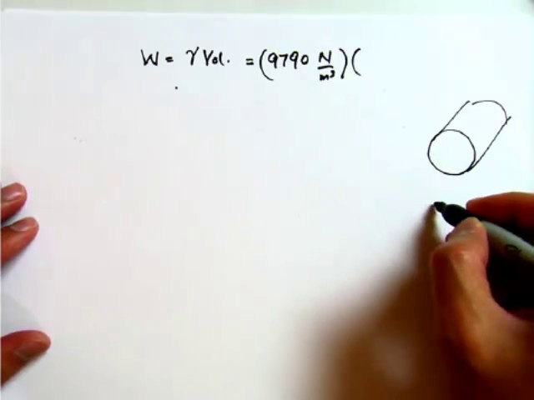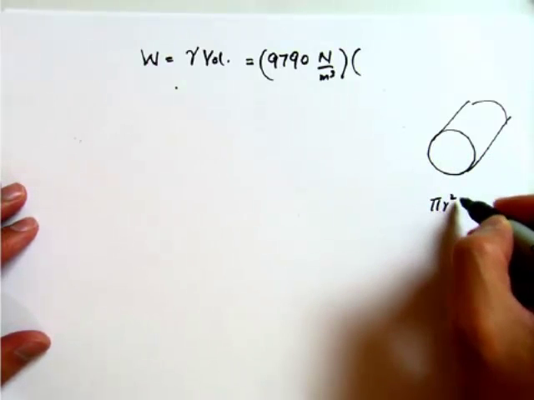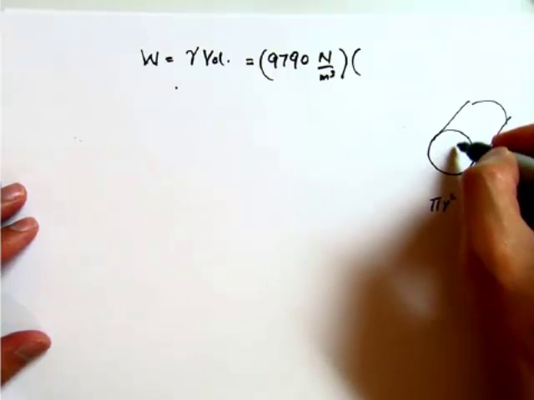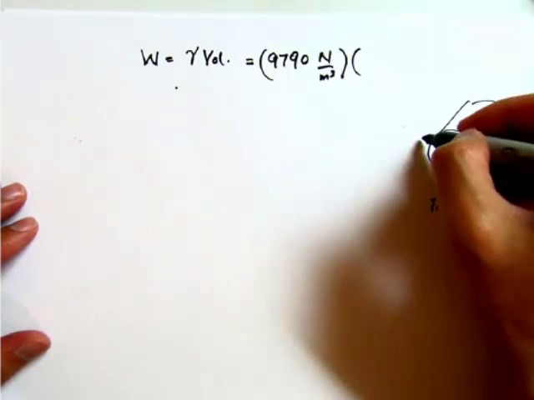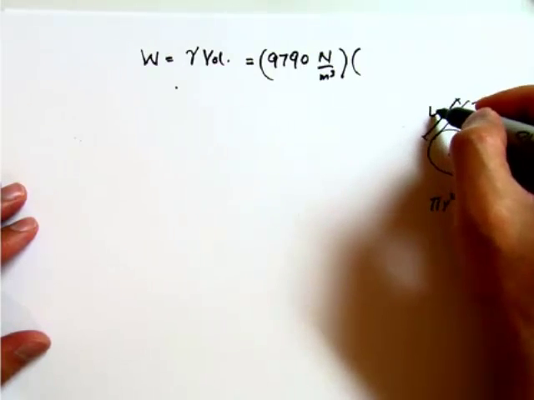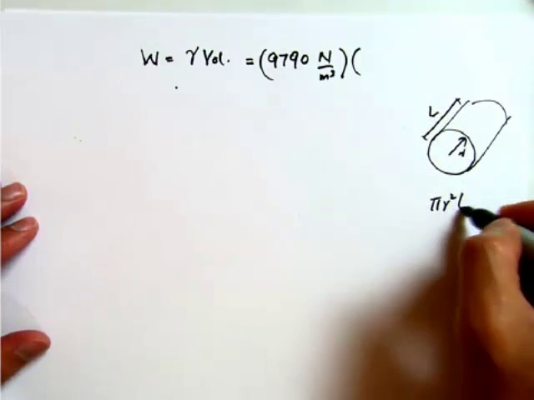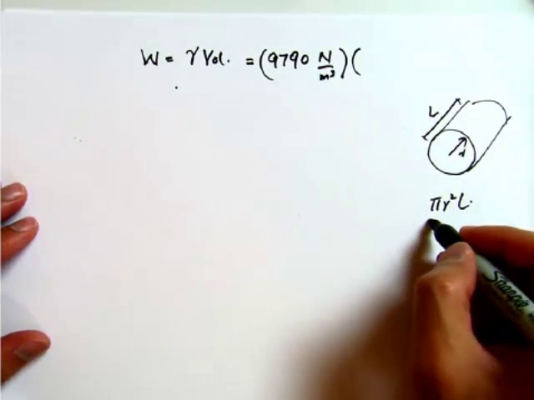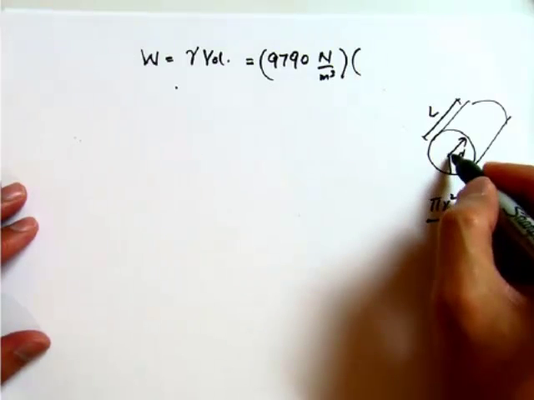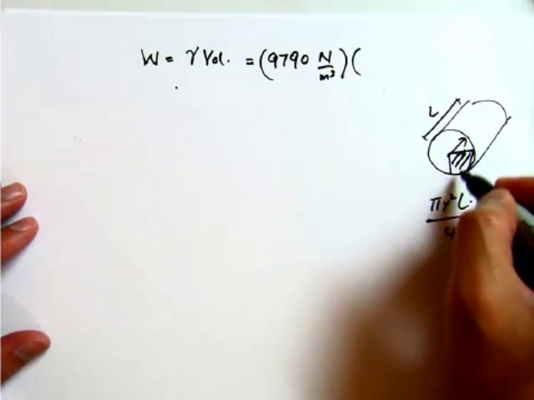This is a cylinder, so I can find pi r square, where the radius is this r, and then this is your length, or the width in this case, so pi r square L. I have to divide this by 4 because we only have the fourth of that.